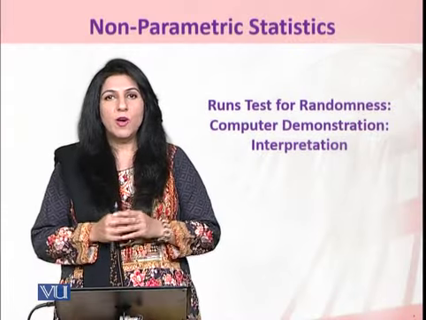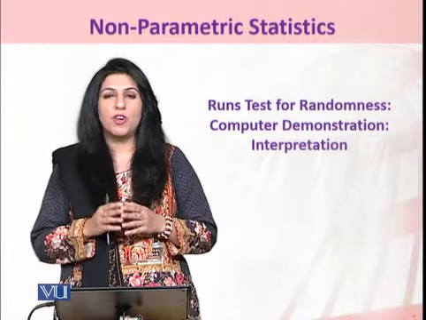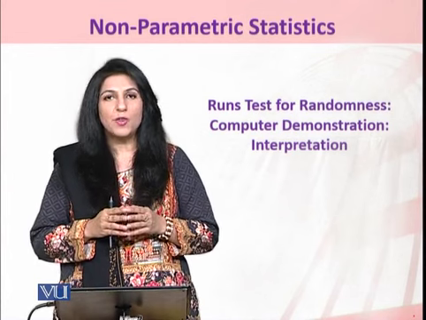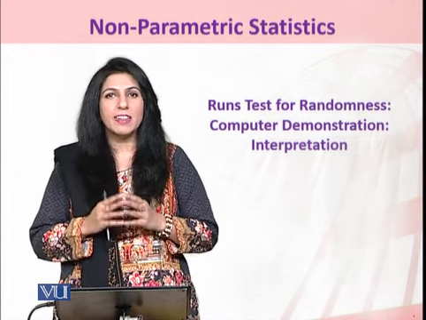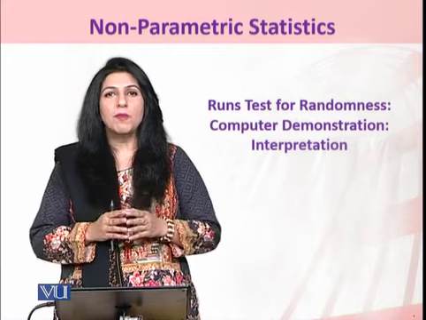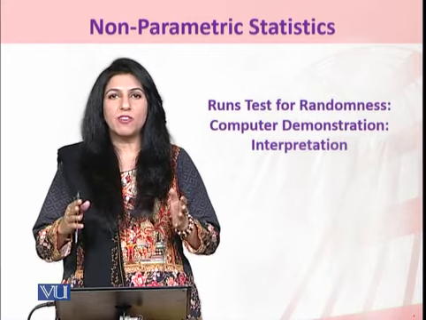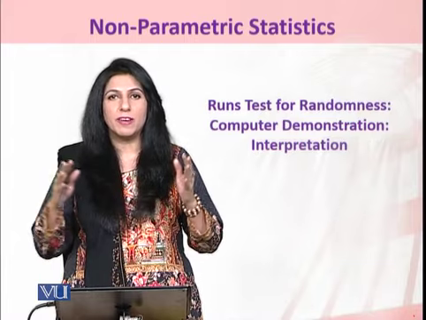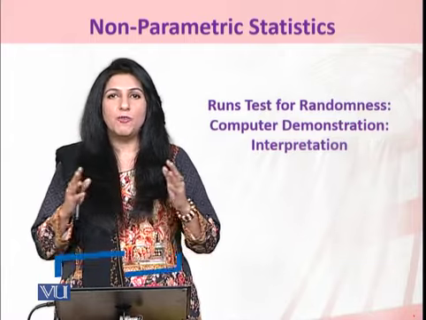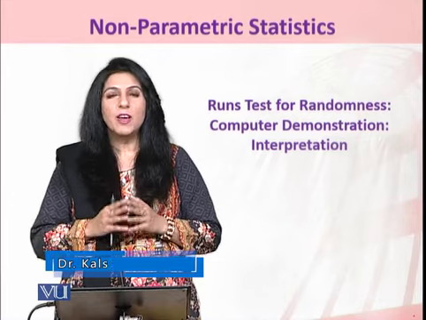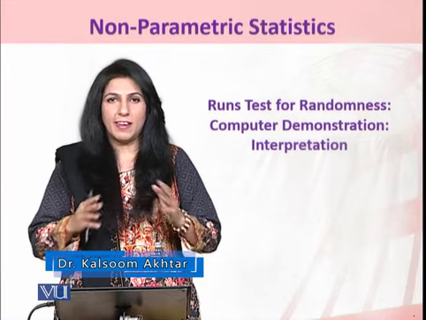Dear students, once you have made use of the SPSS software to test the randomness in the required variable by making use of the runs test, we are assuming that your data has already been entered, the variable has been defined, and you have followed the required procedure for testing the randomness in the data.